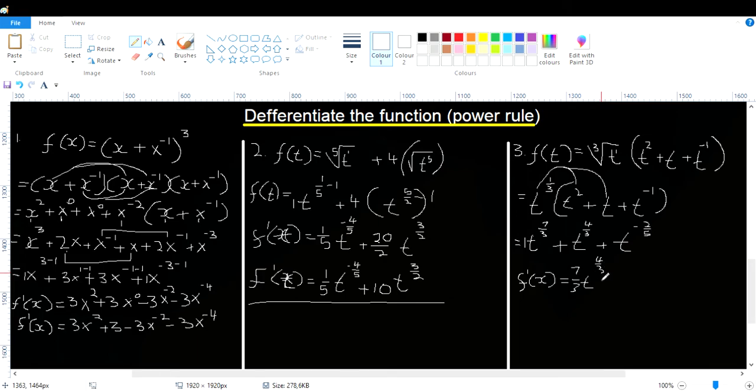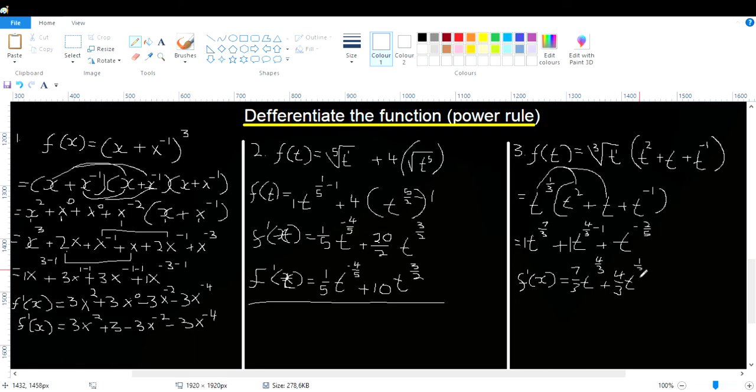Plus, here we have coefficient 1, so it's 1 times this power, which is 4 over 3, and this minus by 1. 4 over 3 minus 1 is t to the power 1 over 3.